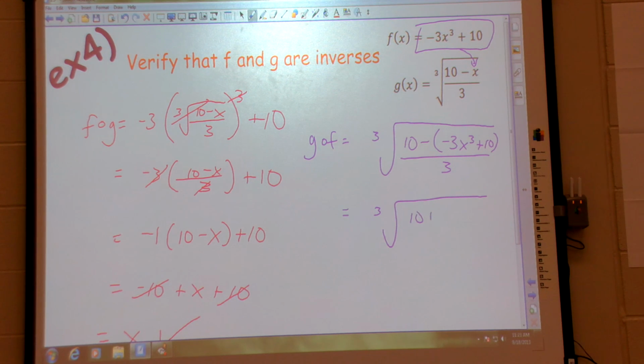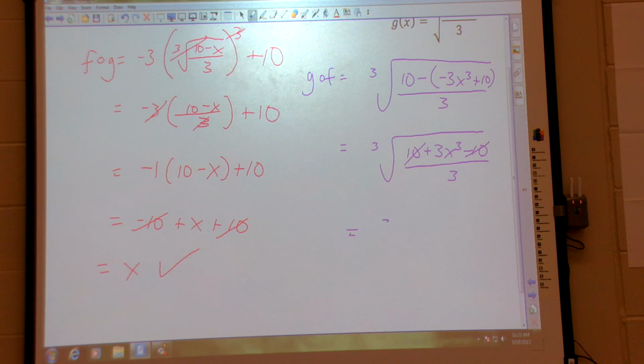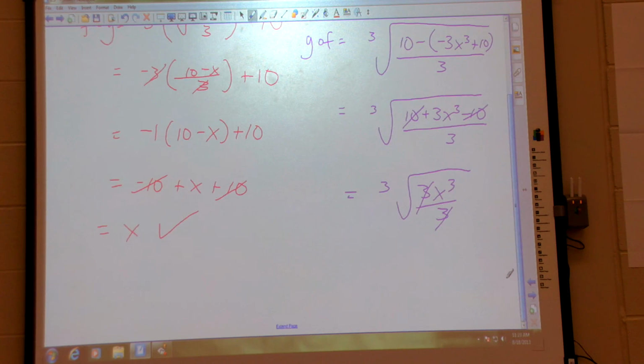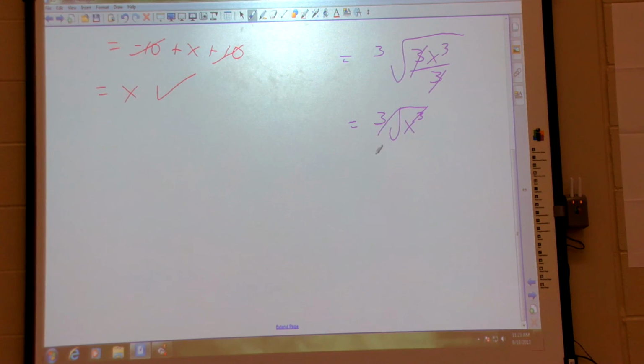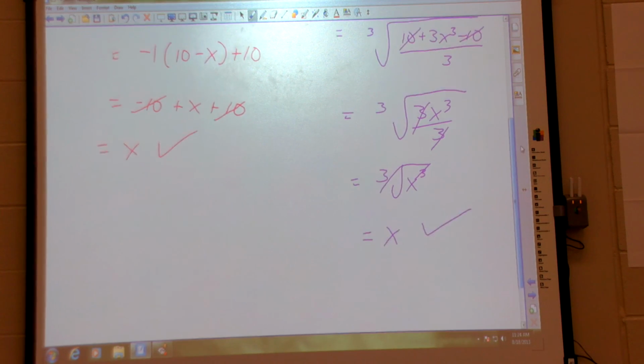I have 10 plus 3x cubed minus 10, all over 3. 10's cancel first. Then my 3's cancel. So the cube root of x cubed, so my cube root and my cube cancel out. I get x. Voila! Remember, one step at a time.